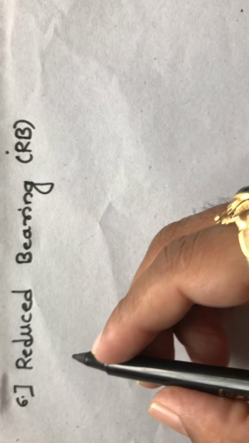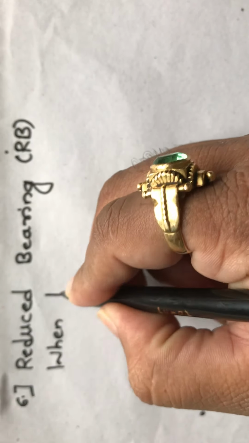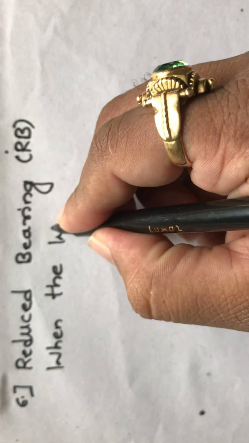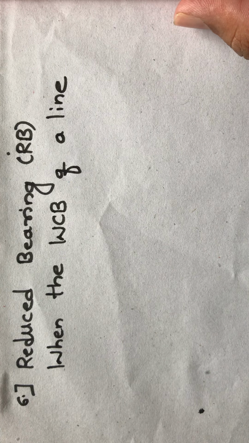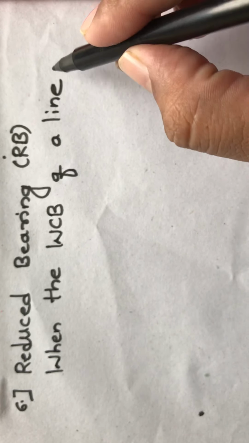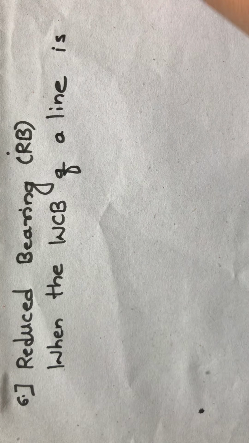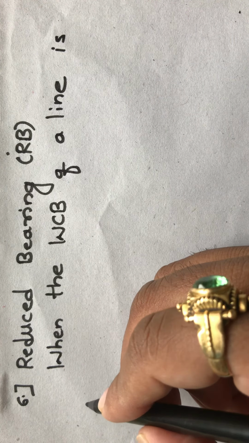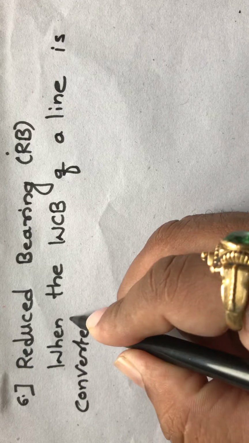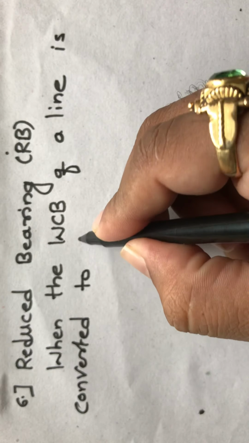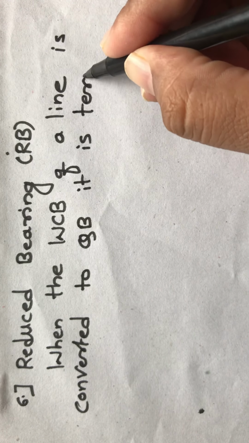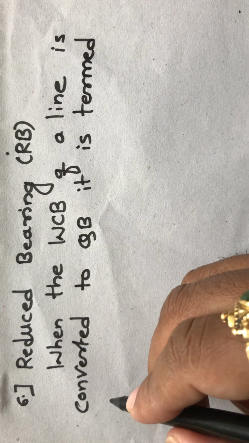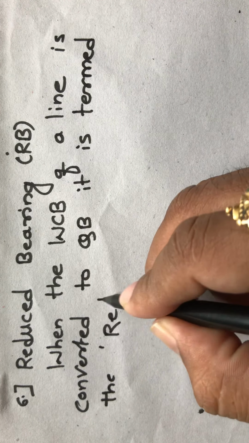It's very simple. When the whole circle bearing of a line is converted to QB, quadrantal bearing, it is termed the reduced bearing.